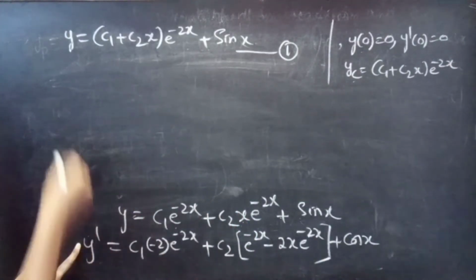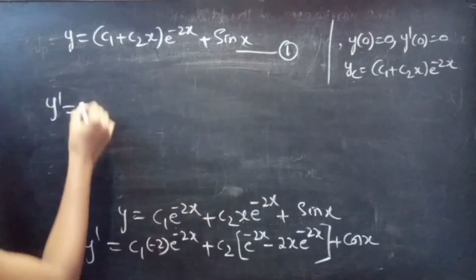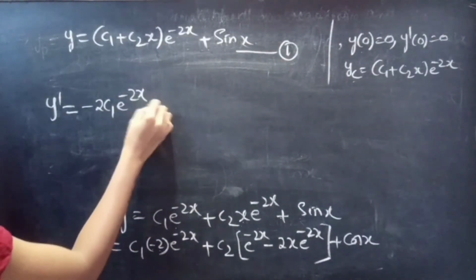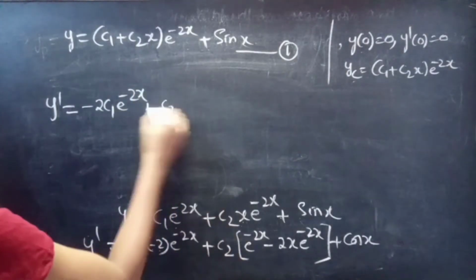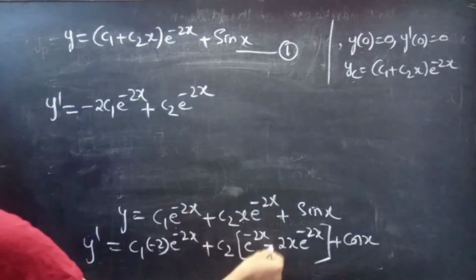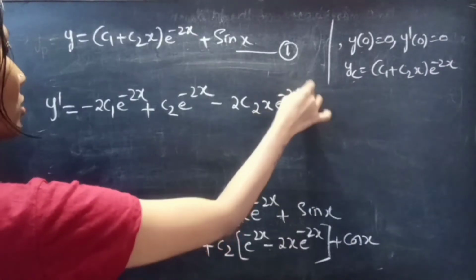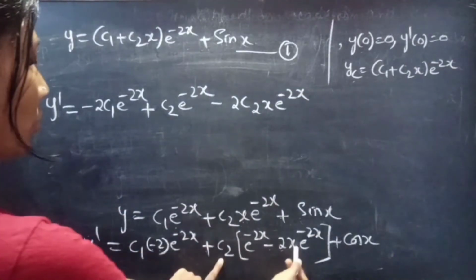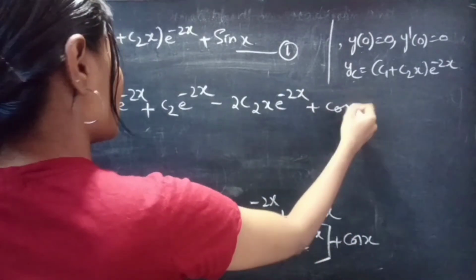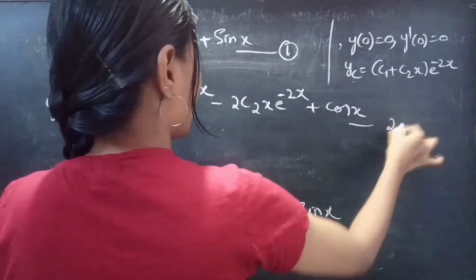Now y dash equals minus 2c1 e power minus 2x plus c2 e power minus 2x minus 2c2 x e power minus 2x plus cos x, right? Consider it as equation 2.